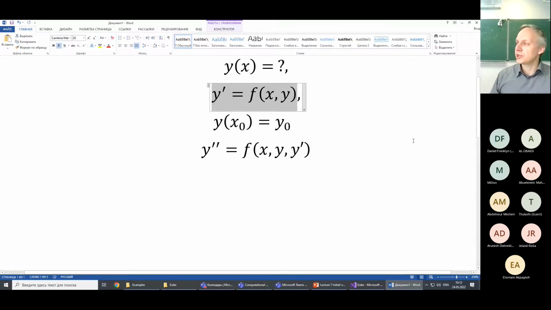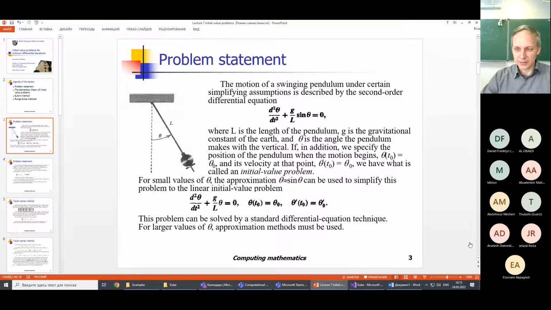The differential equations are very important because there are a lot of processes, a lot of objects that can be described by means of ordinary differential equations. Let's consider some example.